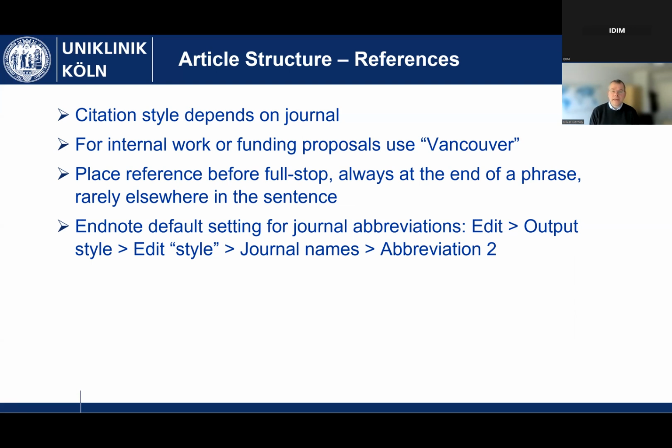If you go to edit and then output style and edit style, and then you choose the journal name, in that style, for whatever reason, it has less trouble if you go for journal abbreviation 2, and then you don't run into trouble with uppercase versus lowercase initials and all these things in your reference list, where then it might no longer be very homogenic.